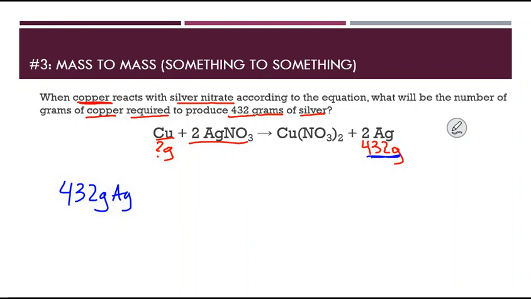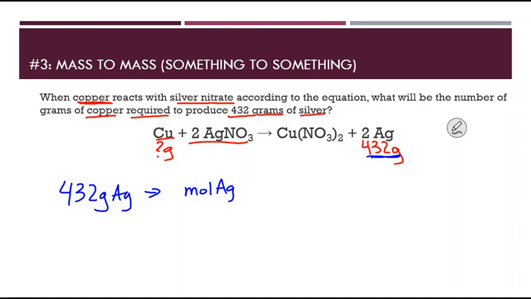But from grams of silver, the only thing we can go to is directly to moles of silver. We have to do that conversion step first, from grams of silver to moles of silver.